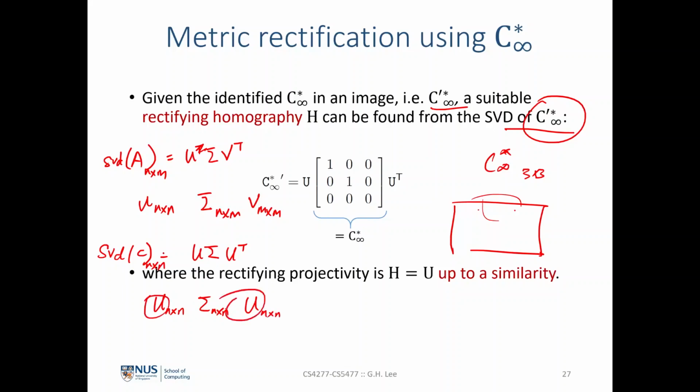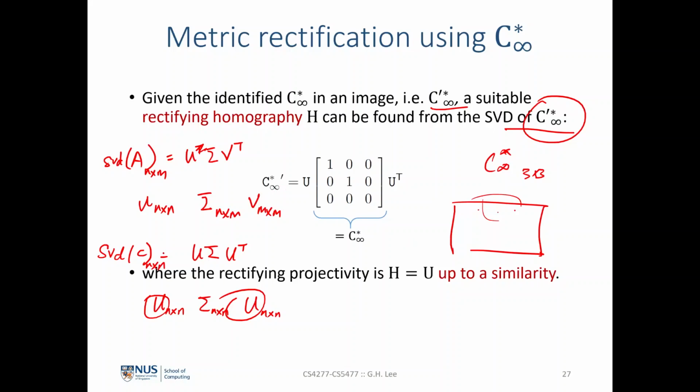What's interesting here is that sigma would also be its eigenvalues, and it will also reveal the rank of C and A respectively.